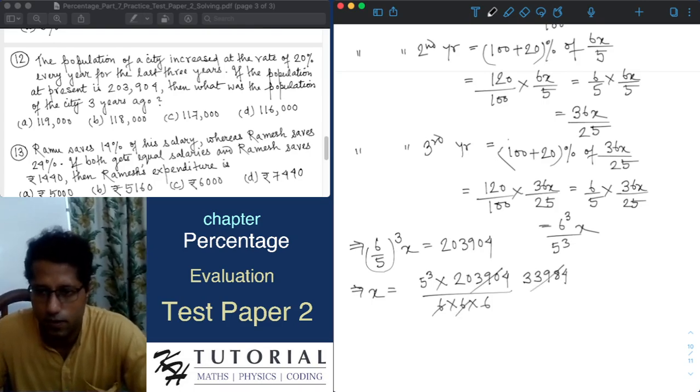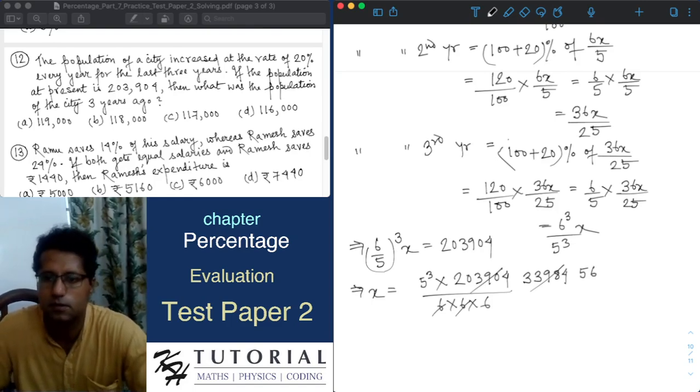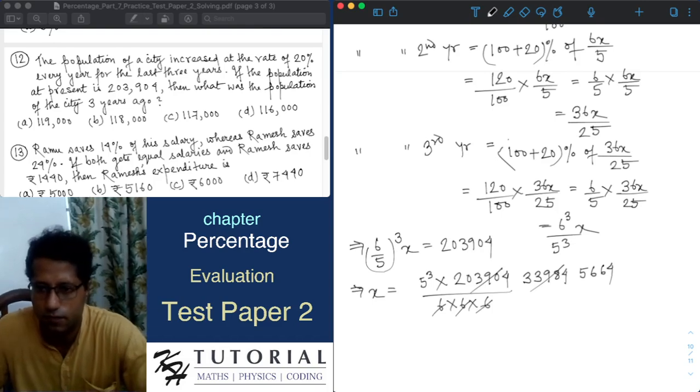Let's see, 5, 30, 3, 6, 36, 3, 38, and 6 and 4. And 6 again to divide 5, 6, 6, 4. Let's see, 9, 54, 26, 4, and 4.